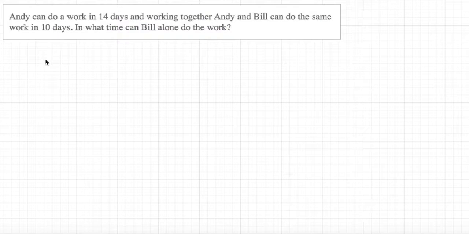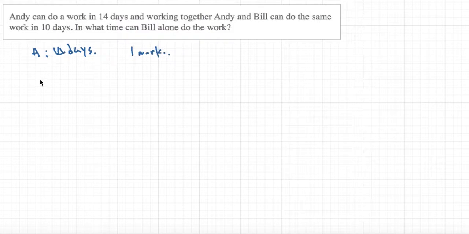Okay, so the first piece of information in the problem is this. Andy can do the work in 14 days. There's a work, but we don't know what kind of work it is. We just know it's one work.